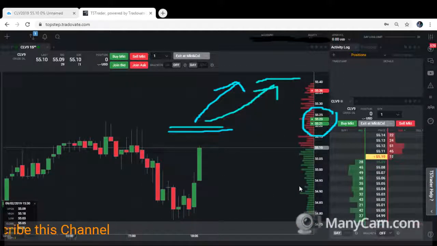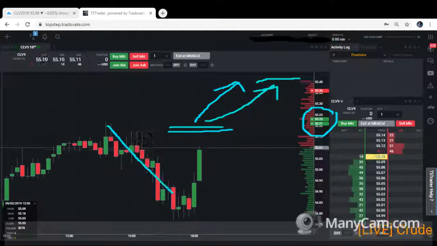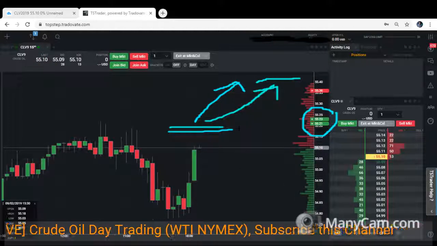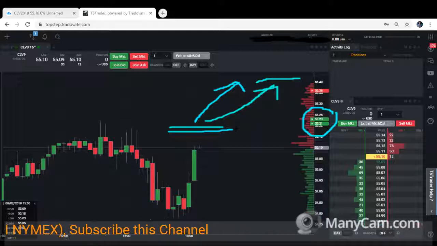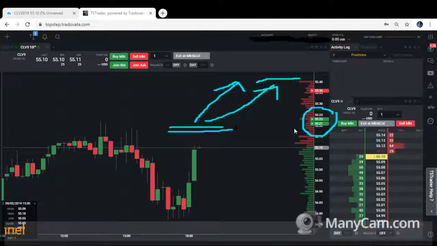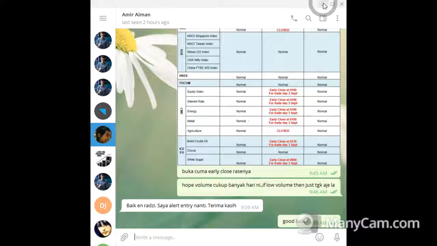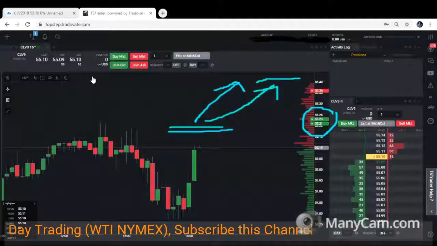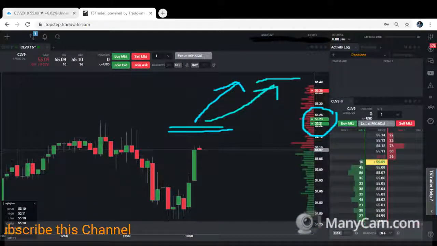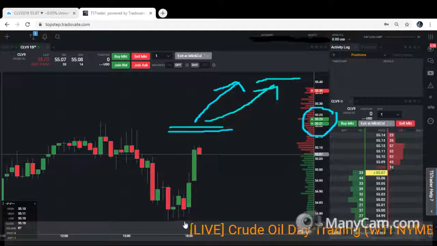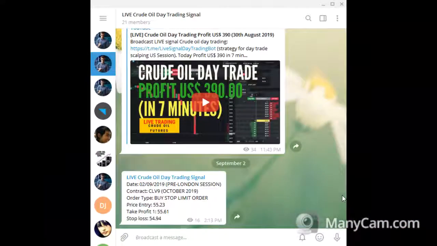Okay guys, the market looks strong at this moment for the full reversal, which is what I'm expecting. Still waiting in the queue at the same price levels at 55.21 and also 55.23. This is the London session market signal, so you can take a look at my live trading broadcast signal, which I gave out 3 hours ago.